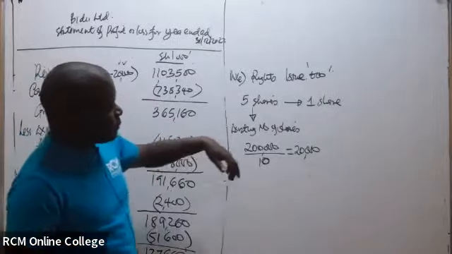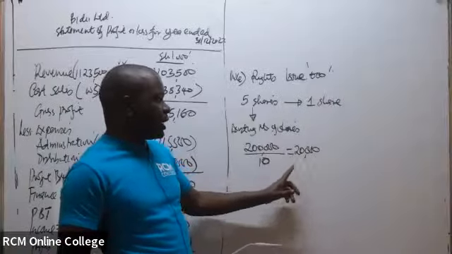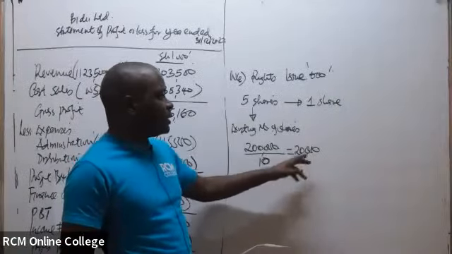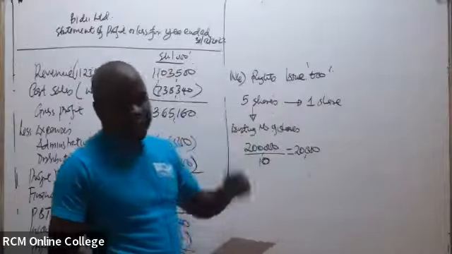So they had 20 million shares currently, but for every 5 of these, you are getting one share.